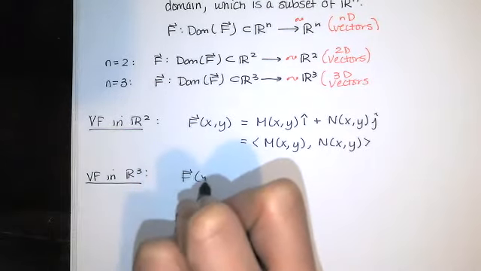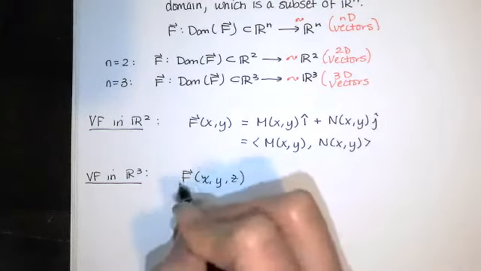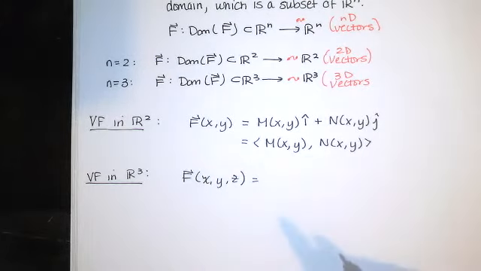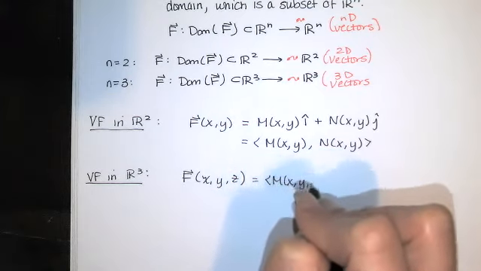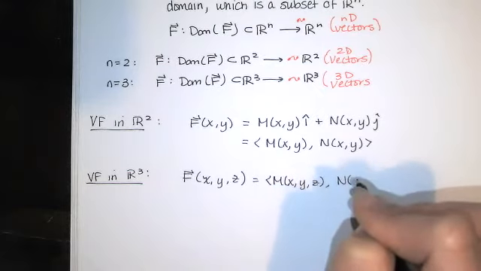And of course, if we're in 3D, we assign to every point in the domain of this field, which is some subset of 3-dimensional space, a vector that has 3 components.